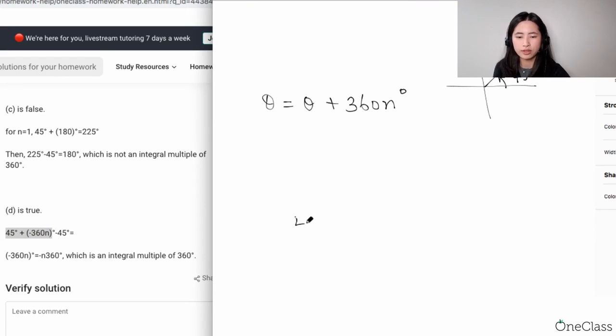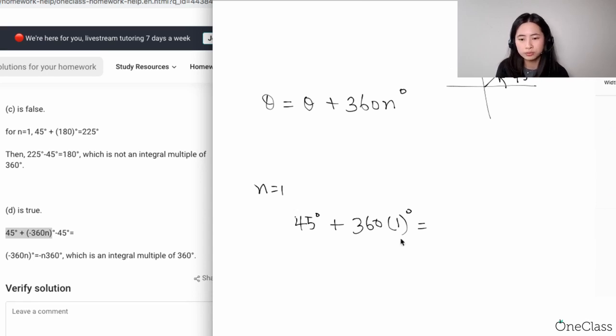You have 45 degrees, that's the angle. And then they're saying you have negative 360n, so let n be equal to 1, and you have 360 times 1, in degrees, the whole thing.